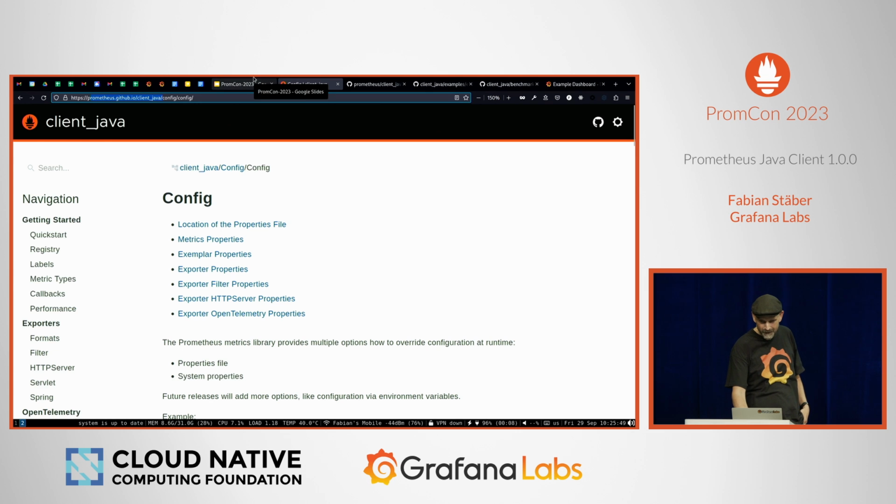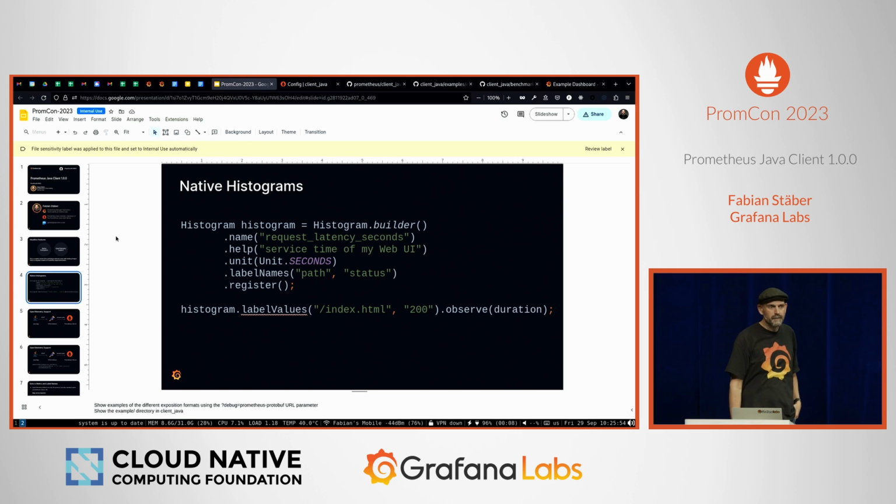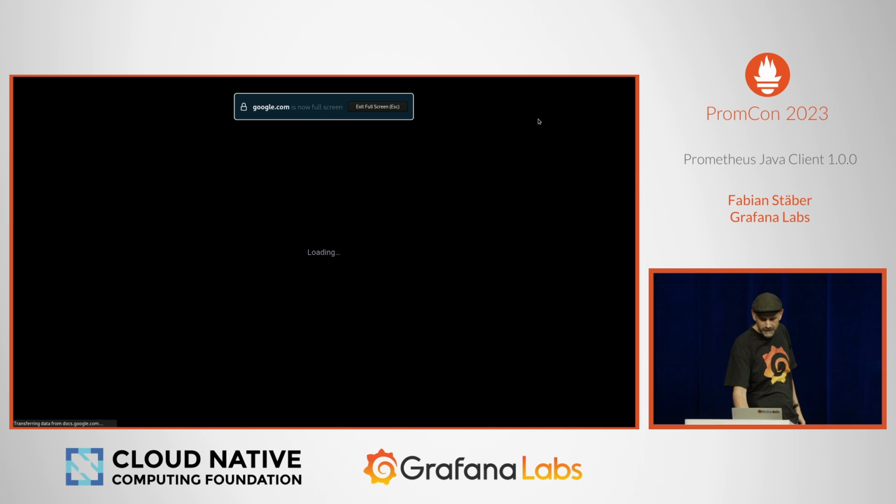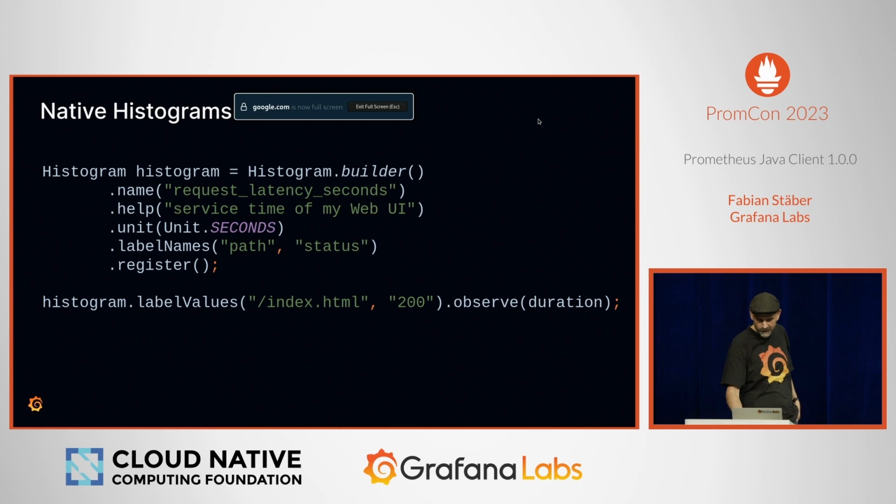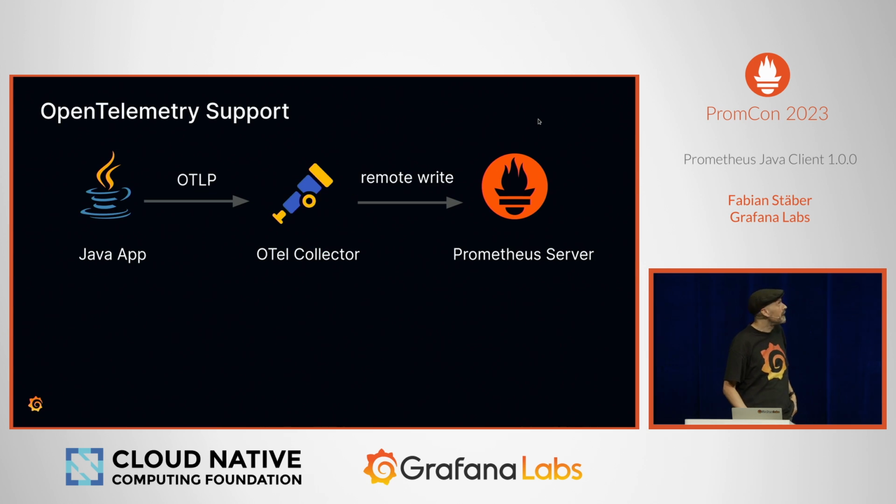Okay, cool. So that was a little bit about histograms and documentation and how to configure things. Let's move on to the other highlight feature. With the new library version, you can now push metrics in OpenTelemetry format to an OpenTelemetry endpoint.